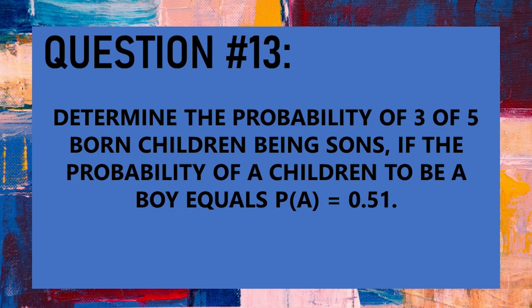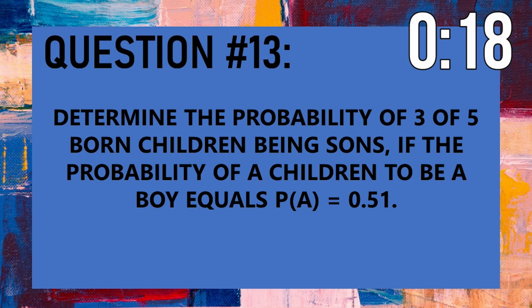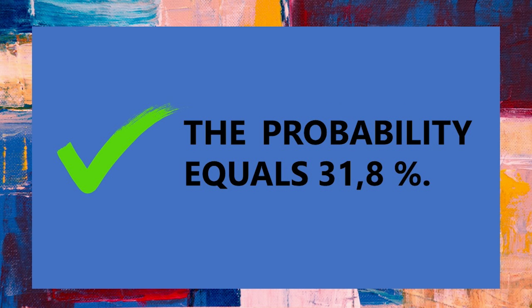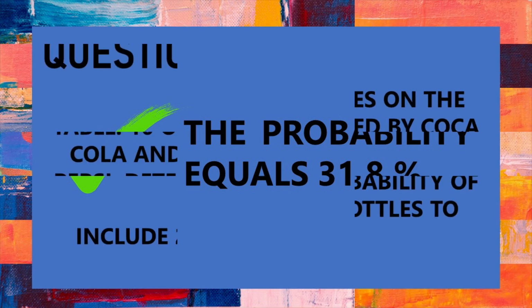Determine the probability of 3 of 5 born children being sons, if the probability of a child being a boy is P equals 0.51. The probability is equal to 31.8%.